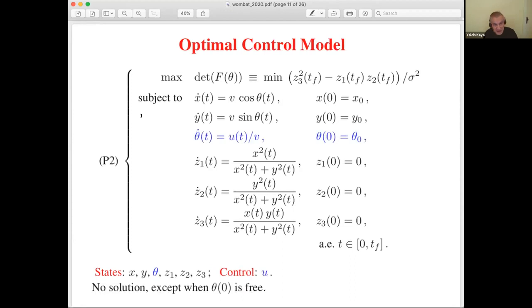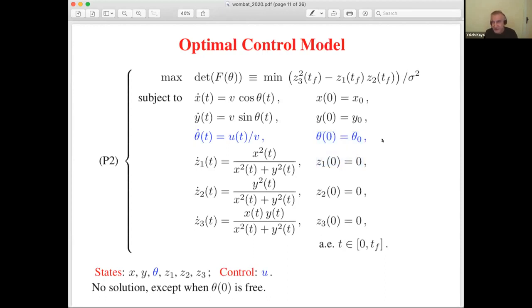However, it's interesting to add another equation, which is the rate of change of the heading angle, written in this way, where we can specify the initial angle of the vehicle. Because suppose that the vehicle received a signal from the back, then this vehicle has to maneuver around to direct itself to the point where the signal is coming from. So it looks to me very essential imposing this theta of 0 equals theta 0.